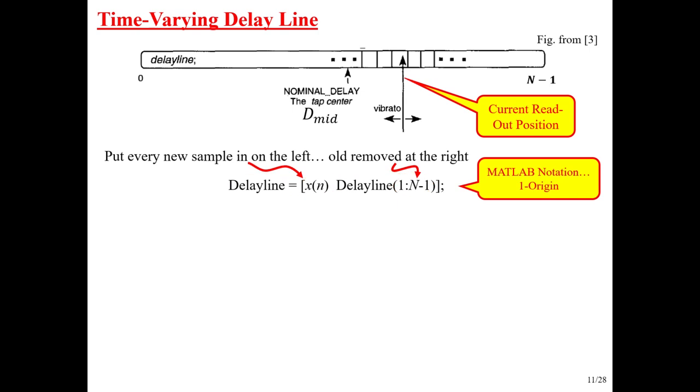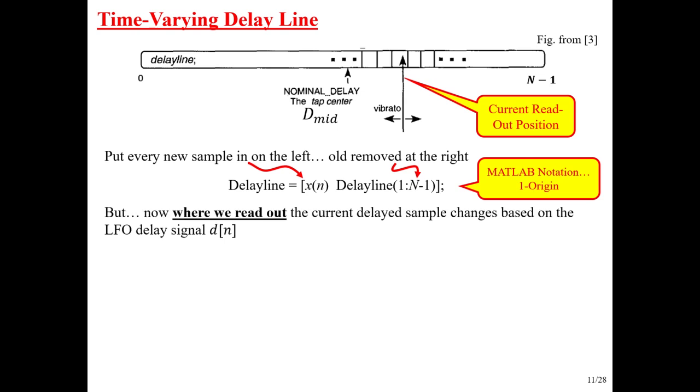Now, one of the hard things is our math is 0 origin oriented, but MATLAB is 1 origin oriented. So when you're thinking math and writing MATLAB, you have to be clever enough to keep track of that. So now we've got this delay line, and that's just continually going.